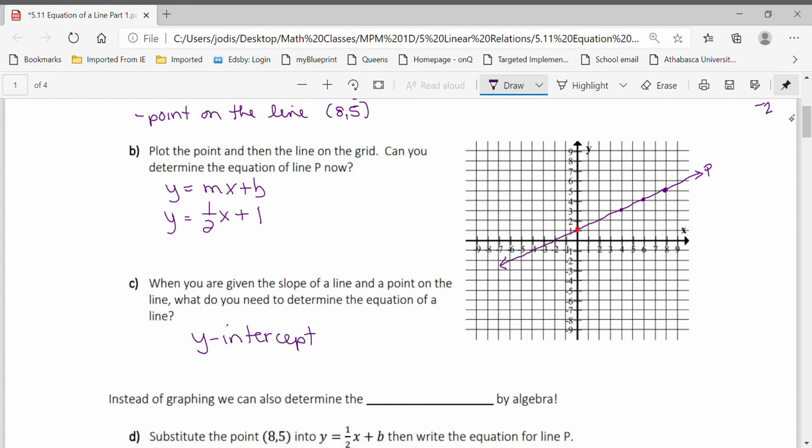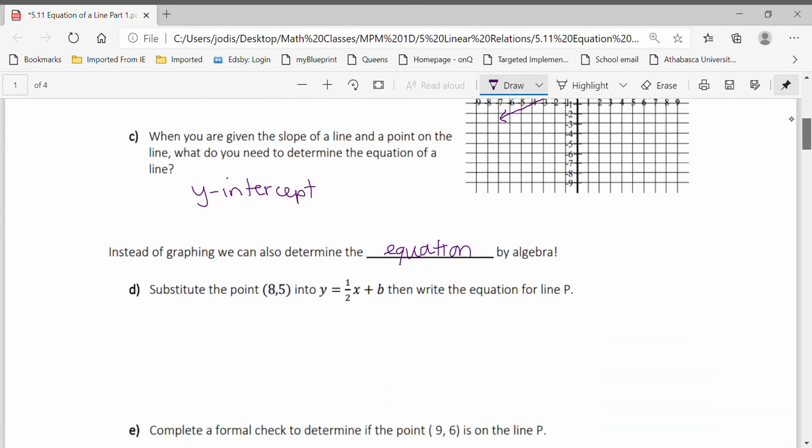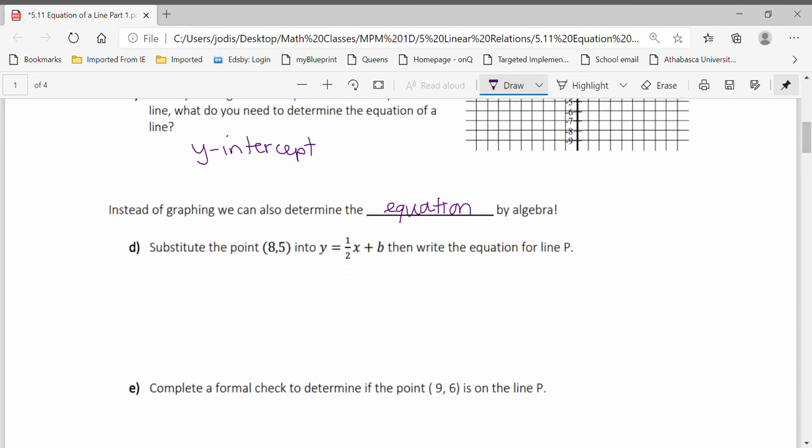So instead of graphing, we can also determine the equation of our line by using algebra. So we want to be able to substitute the point 8, 5 into y equals 1/2 x plus b, and then write that equation for line P. So we know the regular equation is y equals mx plus b, but we were given the slope, so we're going to substitute in what we know.